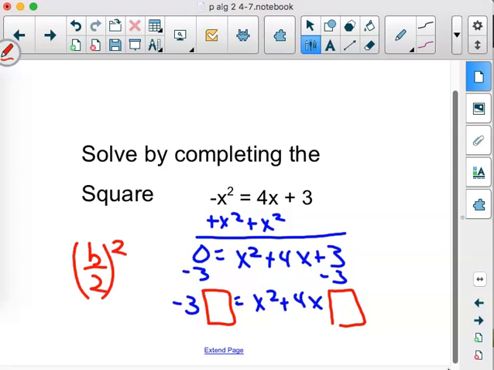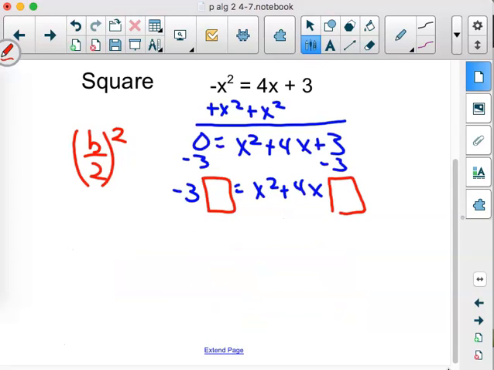So we have to remember it's ax squared plus bx. So our b is a 4. 4 divided by 2 is 2. And 2 squared is 4. So we have to add 4 to both sides of that equation, because what you do to one side, you have to do to the other. And then negative 3 plus 4 is 1.